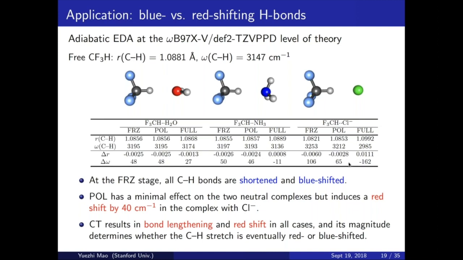But compared to the free fluoroform, the CH bond is still blue shifted, and the charge transfer is the main contributor to the bond lengthening and the redshift. And the magnitude of charge transfer actually determines whether the CH stretch frequency is eventually red or blue shifted.